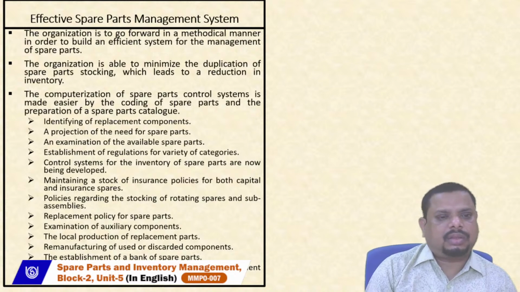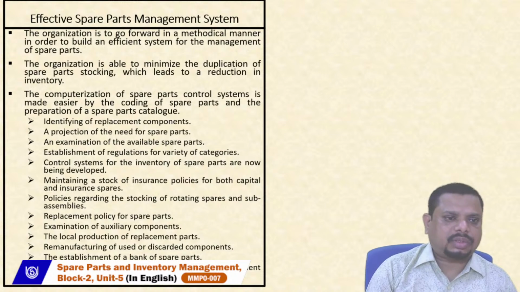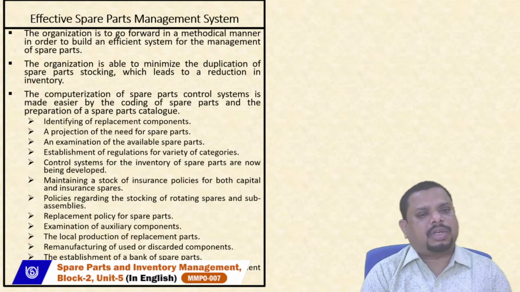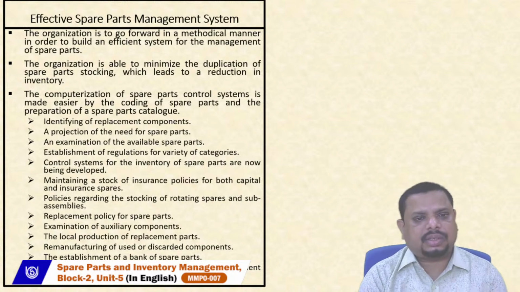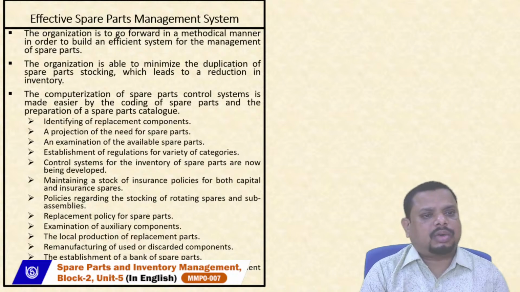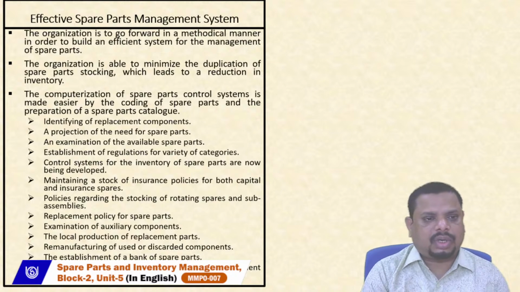So in this manner, the communications are established, and the next important part is that the material flow should be established. So the next question is how to maximize effective spare parts management. In most cases, the organization goes forward in methodical manners in order to build an effective system for the management of spare parts, and how they establish these methodical manners to build up efficient systems, we'll understand.